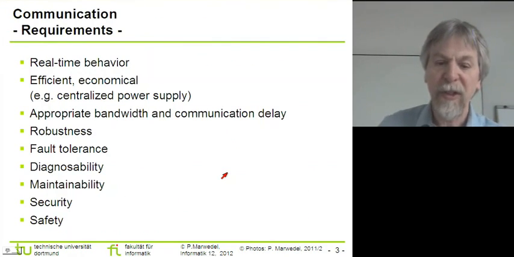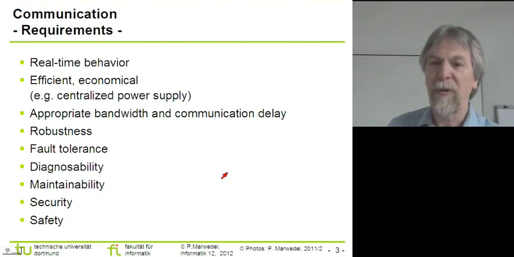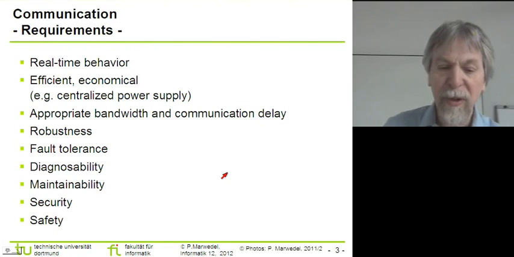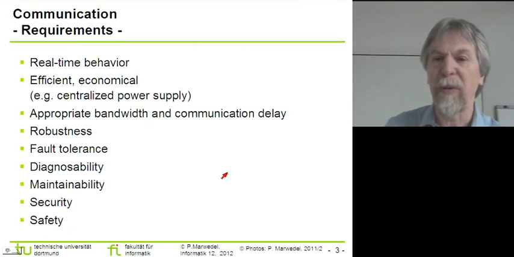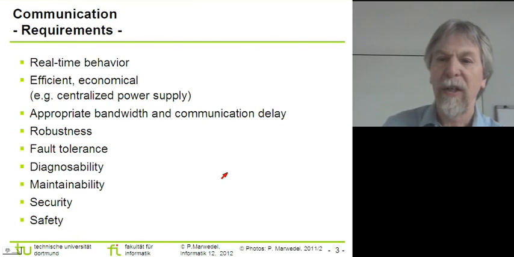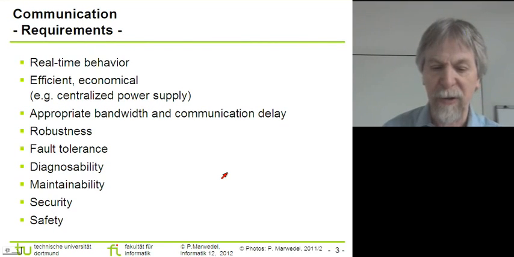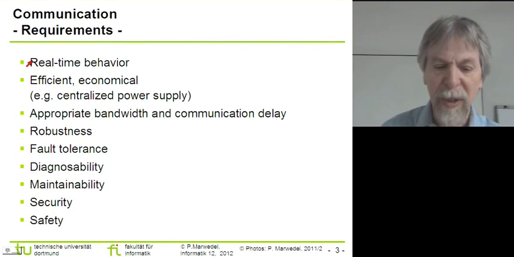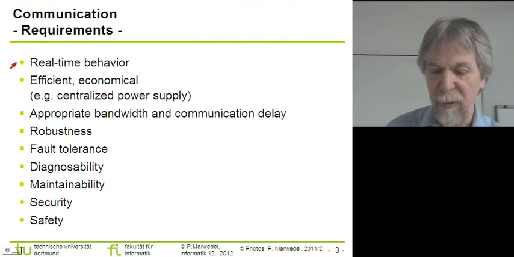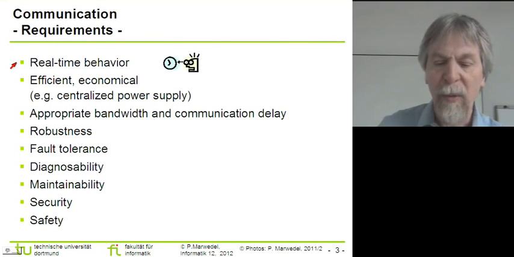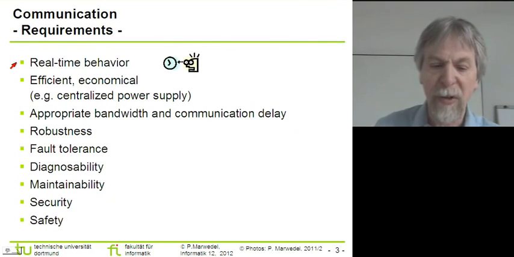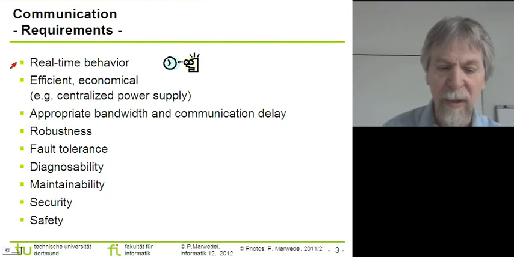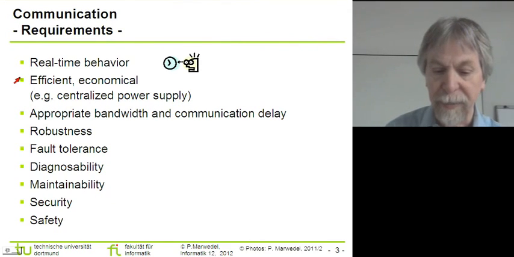So for communication, what do we have to consider? Well, for communication, we do have a lot of requirements which are resulting from the interfacing between embedded systems and the physical environment. So therefore, we have this very long list of requirements. First of all, we need to make sure that communication maintains our real-time specifications.